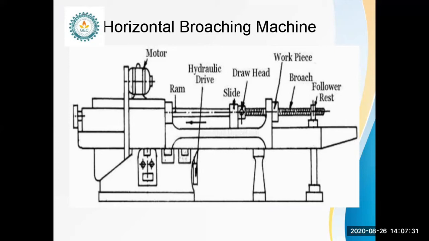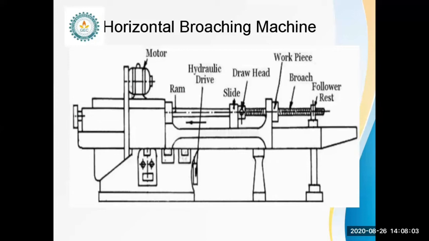These machines are mostly pull type and can be operated at cutting speeds of 3 to 15 meters per minute. The return stroke, which is the non-cutting stroke, may be about 30 meters per minute. Hydraulic horizontal machines have an infinitely variable range of cutting speeds with a return speed much greater than the cutting speed.